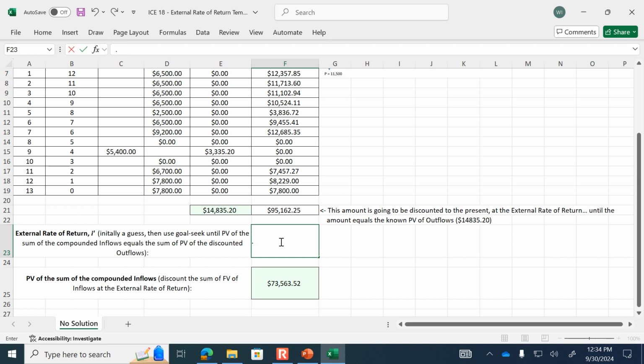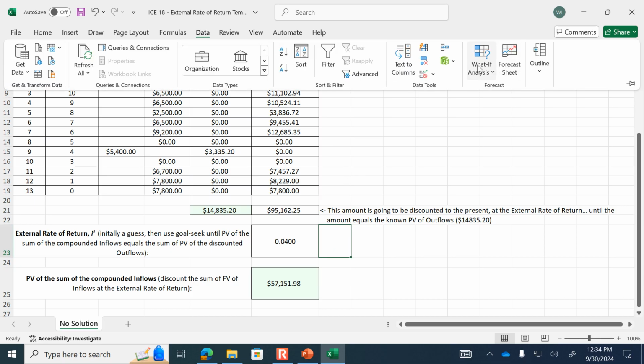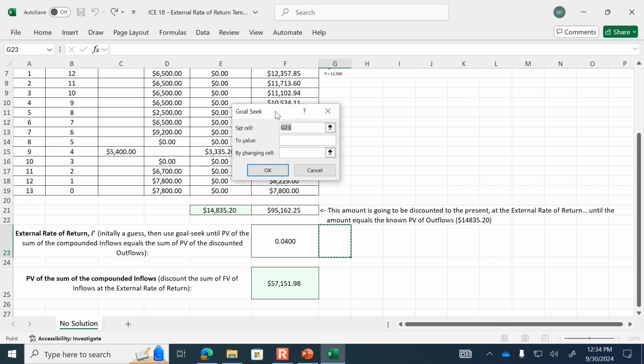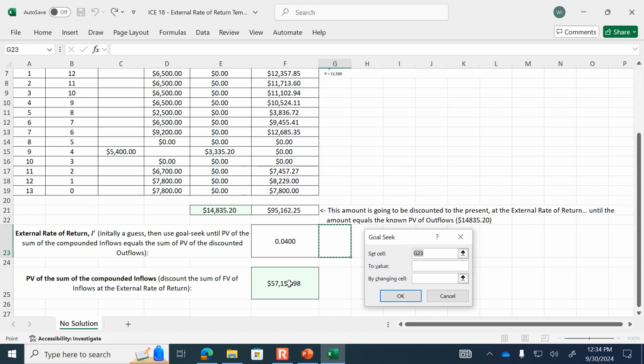It's getting closer. 3%, getting closer. 4%, getting closer. Okay, rather than doing it by hand, I can just use the goal seek, and my objective is to set this cell to 14,835.20 by changing the interest rate.